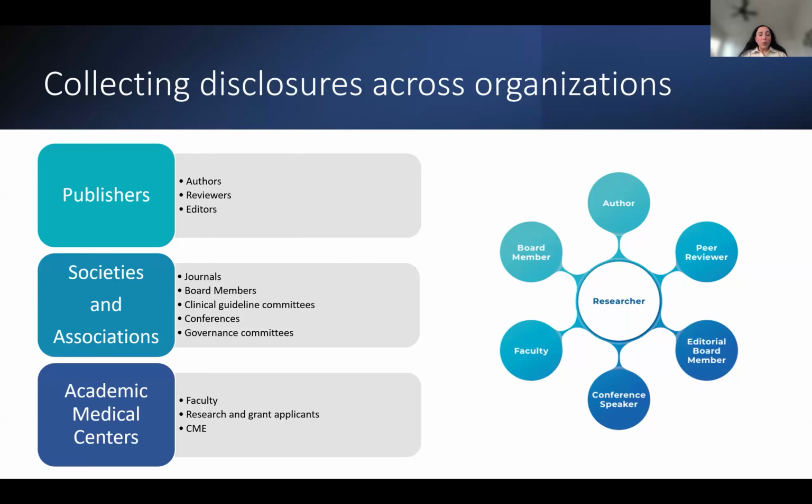It is the only system that supports not only journals and publishers, but also societies and academic medical centers. By facilitating disclosure collection for the various types of disclosure events, Convey supports the researcher anywhere in their journey as they move from being just a researcher to being an author, perhaps also serving on the editorial board or speaking at a conference.